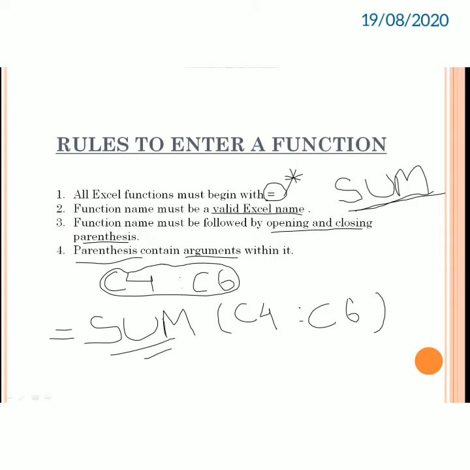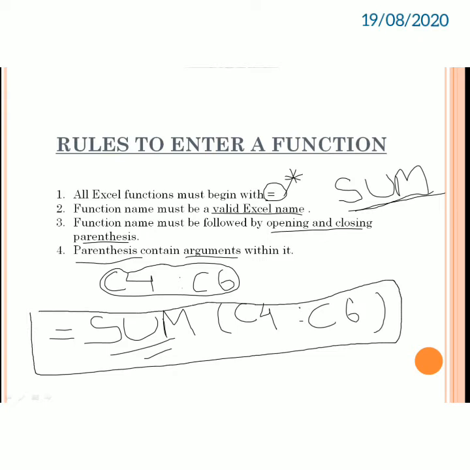So this is the final function which you should write, =SUM(C4:C6). And this function is a valid function based on the 4 rules to enter a function. Okay, I hope all of you are clear, isn't it? Now let us learn a few functions and their purposes.